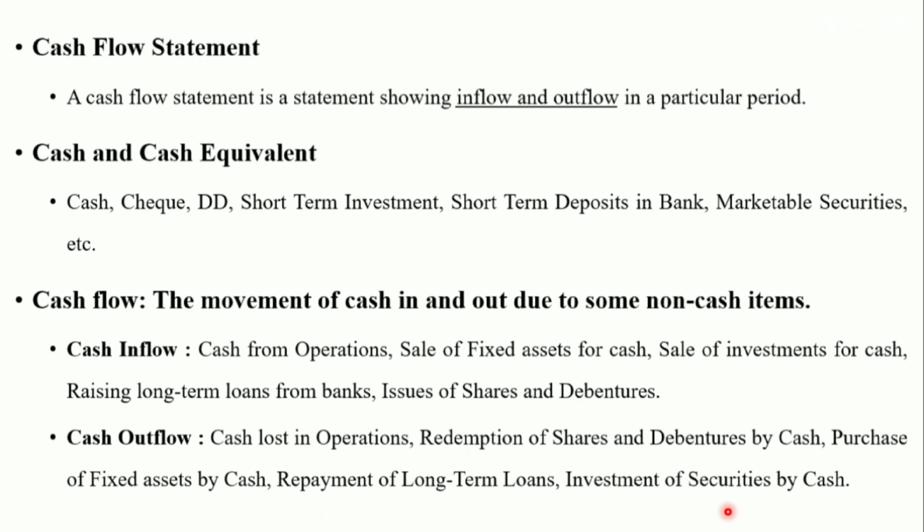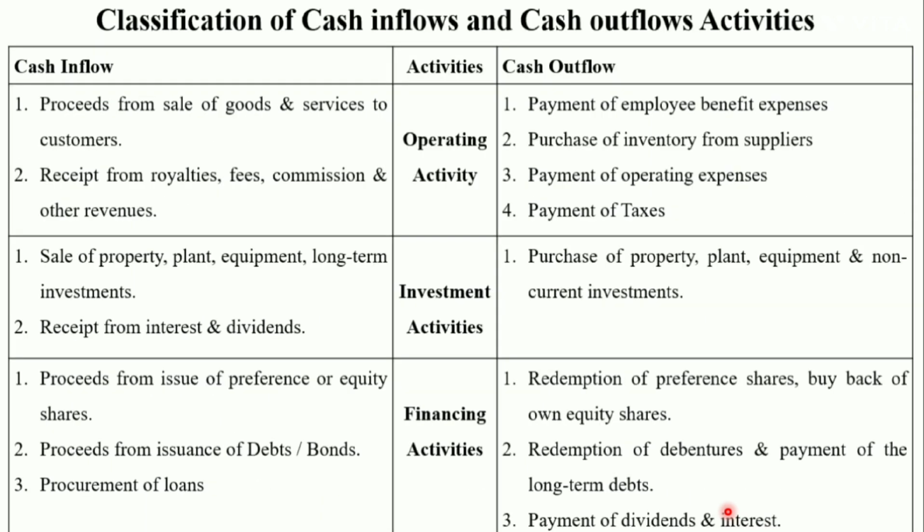Now, as per the accounting standard, to represent the cash flow, different activities are involved. As we know, there are various activities of an organization or firm that result in cash flow, that is cash inflow and outflow, which is part of the cash flow statement.